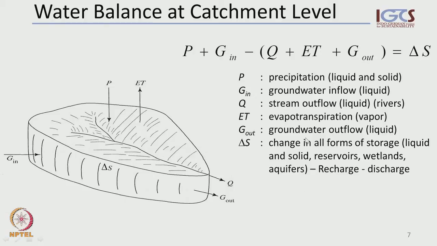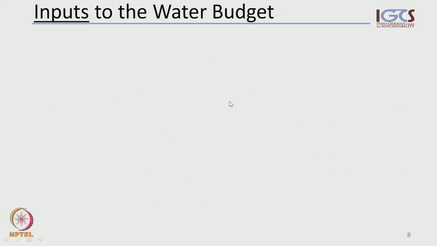So this gives us already an idea of how quickly it becomes very complex to express, to measure, to observe the variables that we need to calculate our water balance.